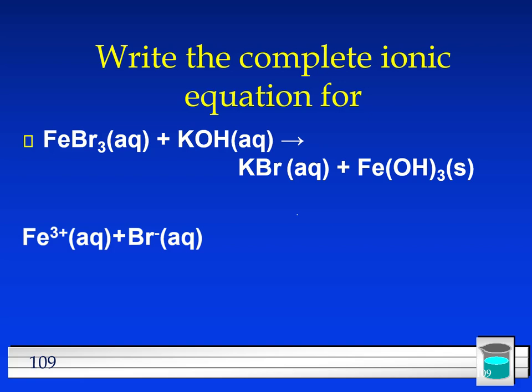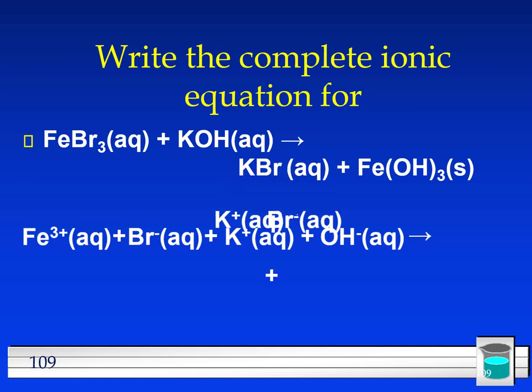Is there really any KOH? Oh, it says plus KOH aqueous, so there's no KOH. So the ions in KOH are K plus and OH minus. Potassium ions and hydroxide ions. On the other side of the arrow, is there really KBr? My product side, it says aqueous for KBr, right?